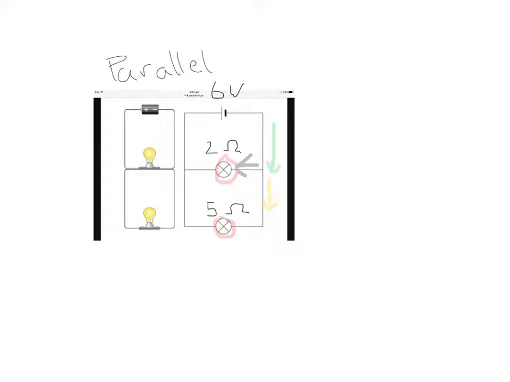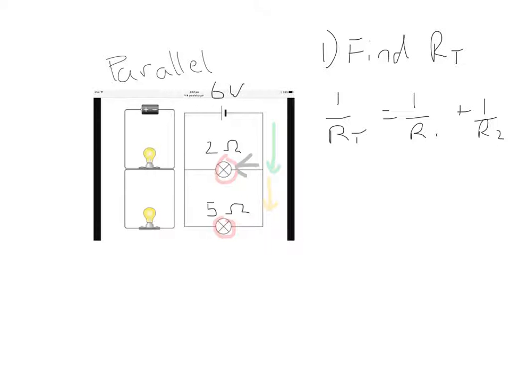So again, nothing changes. The first step, find RT. Now the equation for parallel is 1 on RT equals 1 on R1 plus 1 on R2. It doesn't matter which one's R1 and R2, but I'm going to set my R1 as 2 plus 1 on 5.